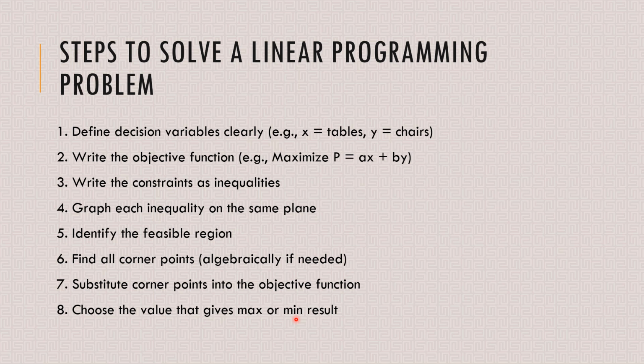If the point maximizes your results and you are looking for maximization, we choose that point. If it minimizes the results and we are looking for minimization, we choose that particular point. So these steps are what we need to follow to deal with a linear programming problem.